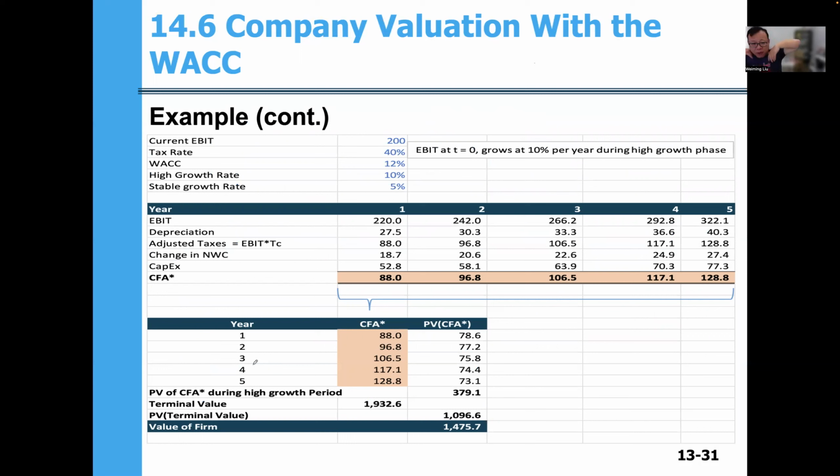So in this table, in the middle one, you can see that we are trying to calculate CFA based on the EBIT, depreciation, adjusted taxes, changes in net working capital, and net capital spending. Okay. And you're going to do a present value.